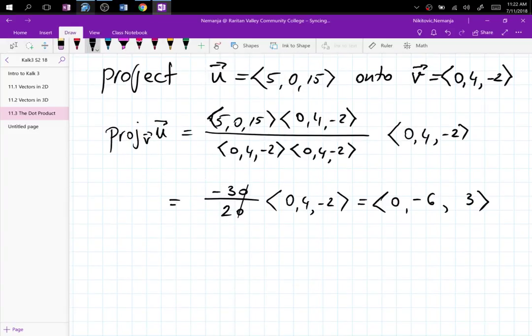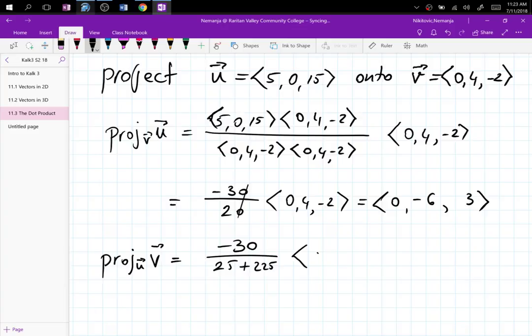Let's do same vectors, but projection of V onto U. Now we already know that the numerator up there is -30. That doesn't change. We will have vector U times U in denominator. So that's going to be 25 plus 225 times vector U, 5, 0, 15.